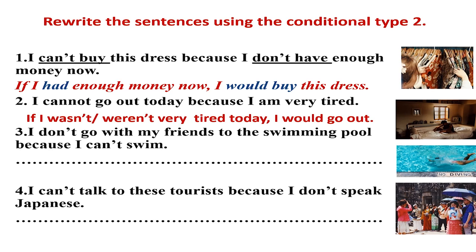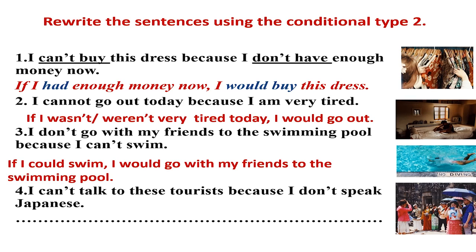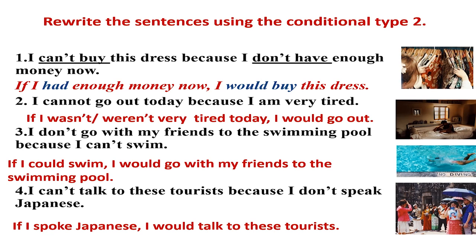Yes, you see if I could swim, I would go with my friends to the swimming pool. So we have I can't swim, so can't, in the past we say could. If I could swim, I would go with my friends to the swimming pool. Last one. Okay, yes, so we say if I spoke Japanese, I would talk to these tourists.